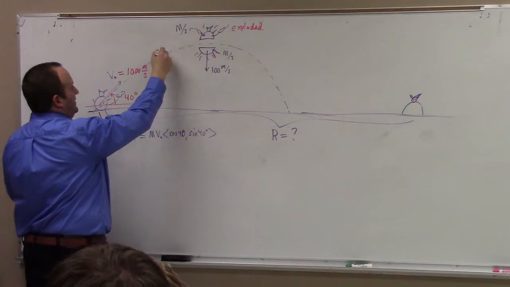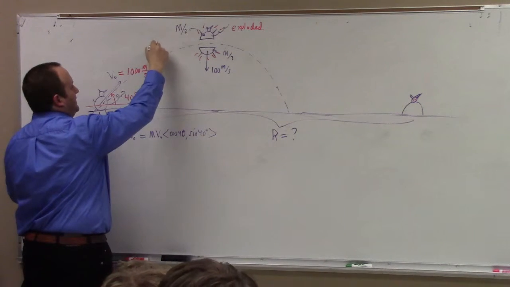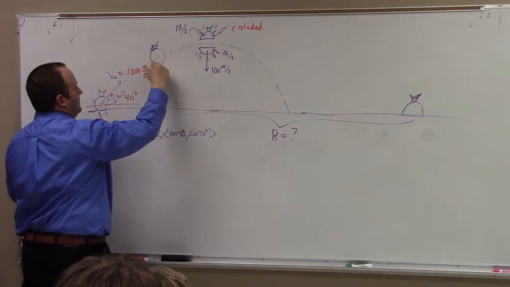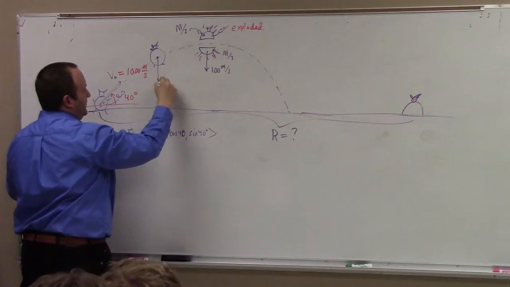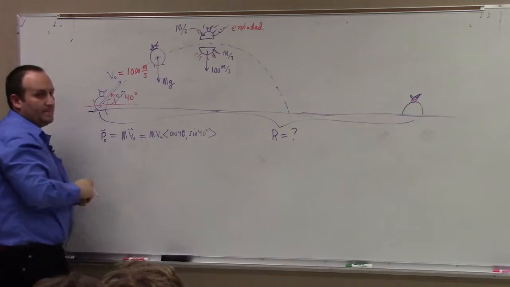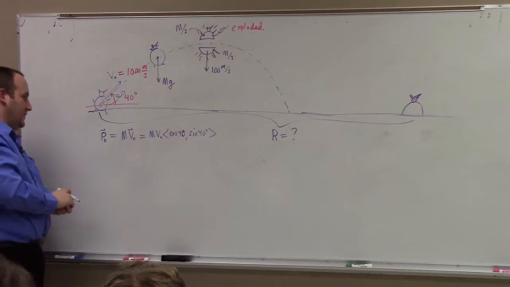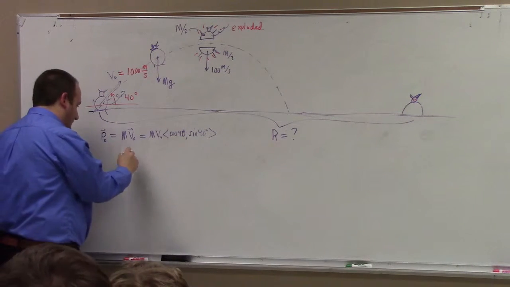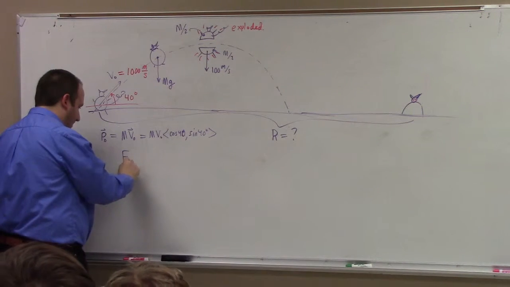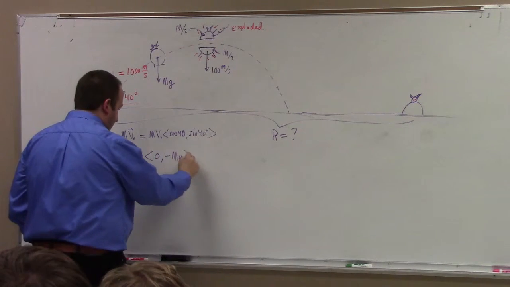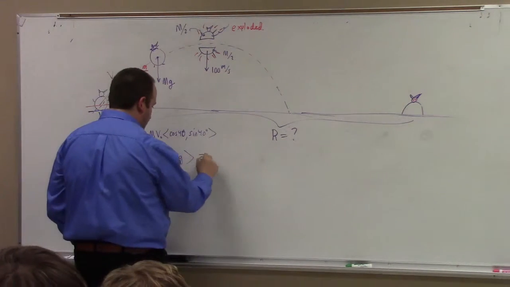If you think about any stage in this motion, the net external force is the same. mg, right? That's the external force, gravity. To be more clear, the external force is equal to 0 minus mg, right? Now that's equal to dp dt here.